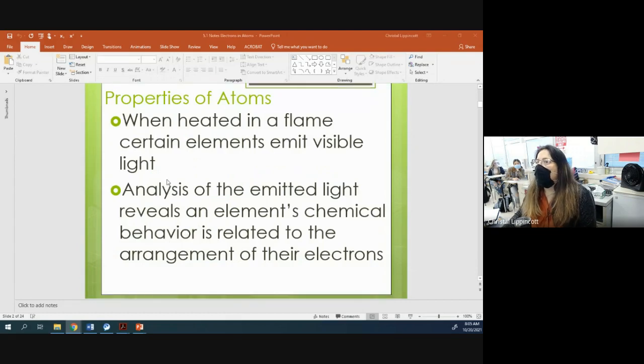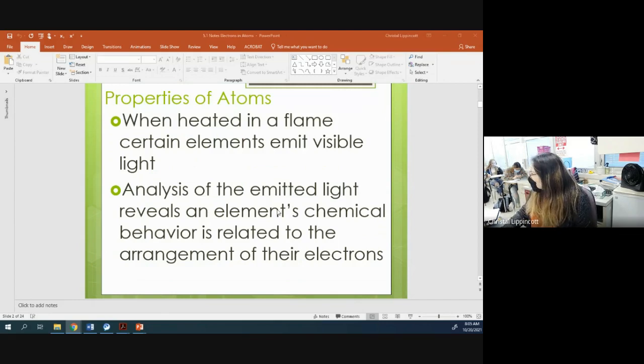So if you think about a flame, and we're going to do a lab on this, I think next week, if you look at your schedule, that we do the flame test lab. That flame test lab will show you different colors for emitted light. Thank you, dear. Yep. And you can think of that like fireworks.